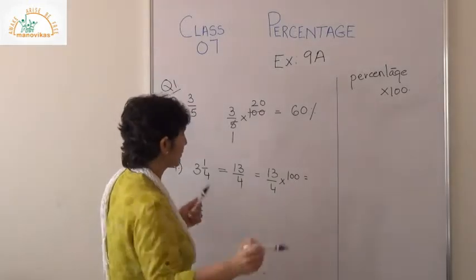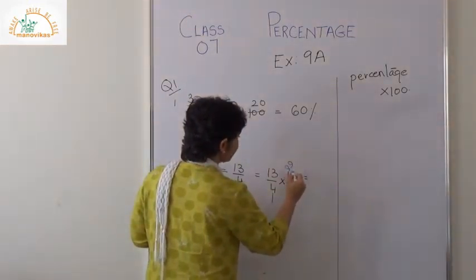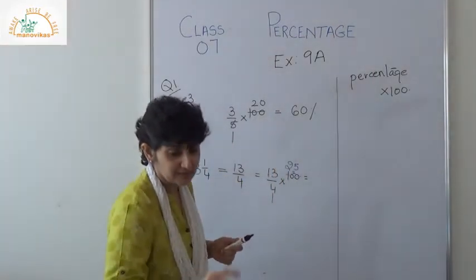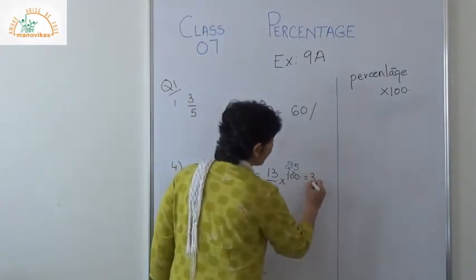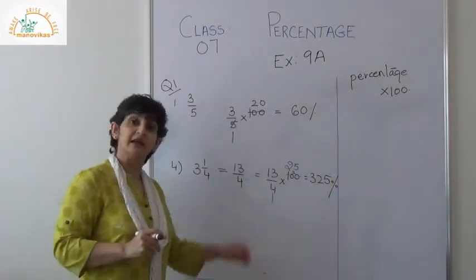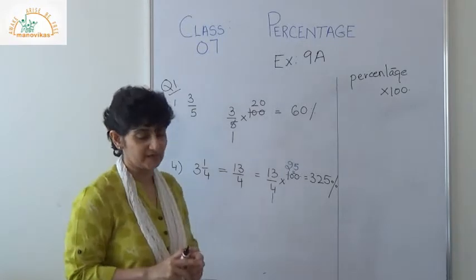When I reduce, what do I get children? 4 1s are 4, 4 2s are 8, 9, 10, 4 5s are 20. So when I multiply 25 into 13, I will get 325%. Is this clear? Have you understood? Let's move on to the next question.